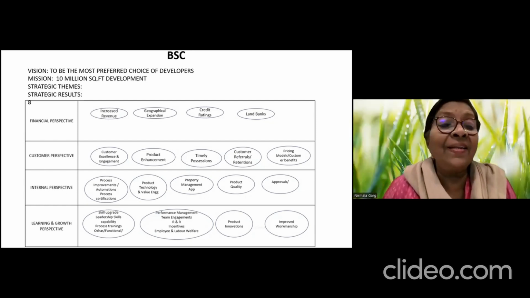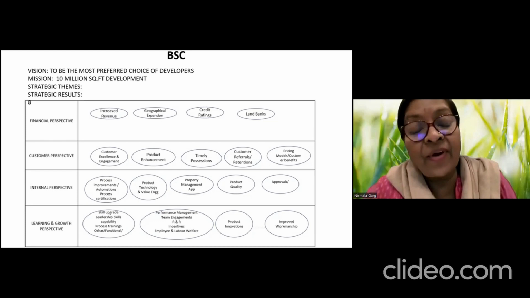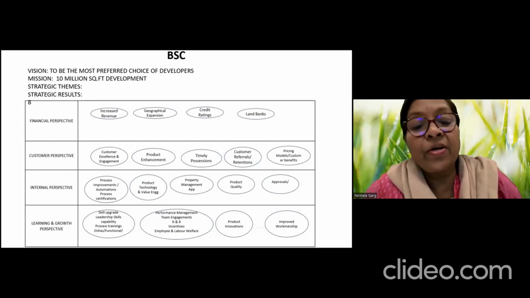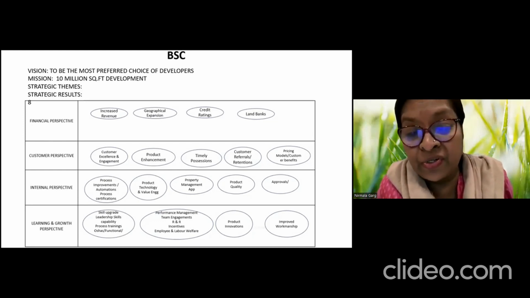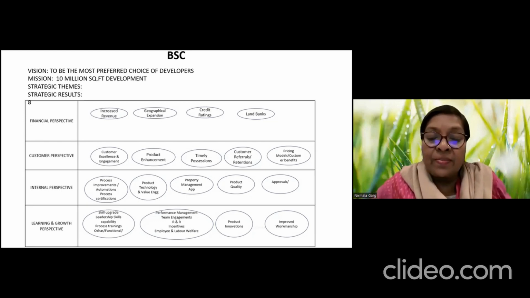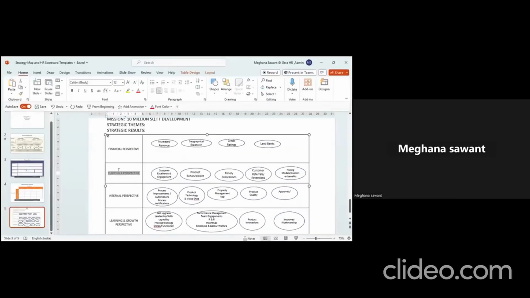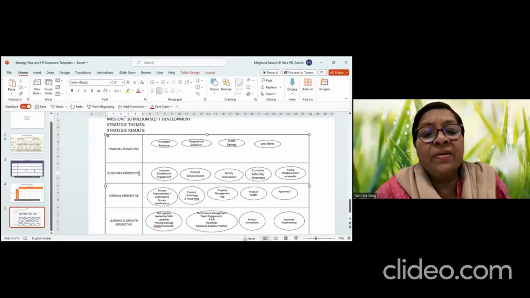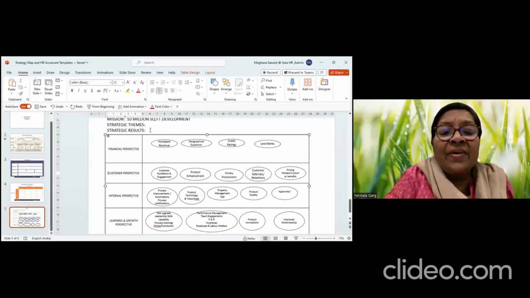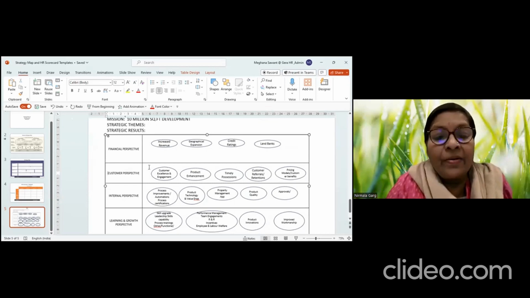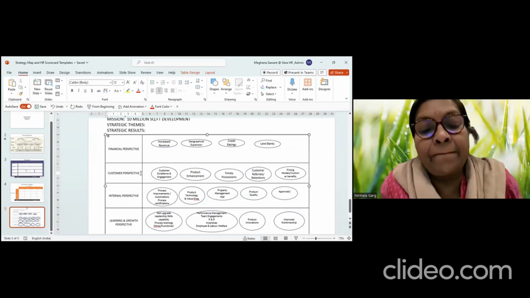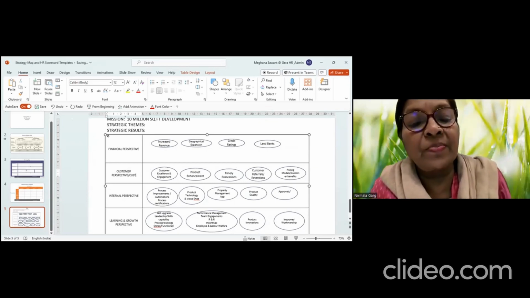So your customer value proposition is customer intimacy. That's your value discipline. Just write it in this block, your value discipline.